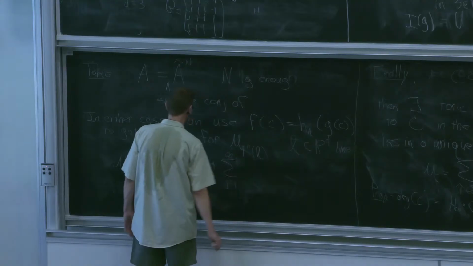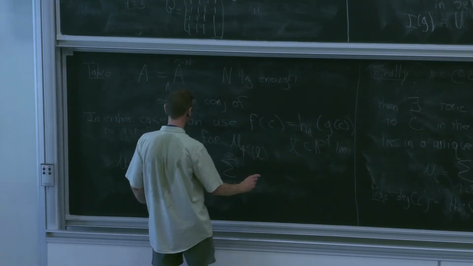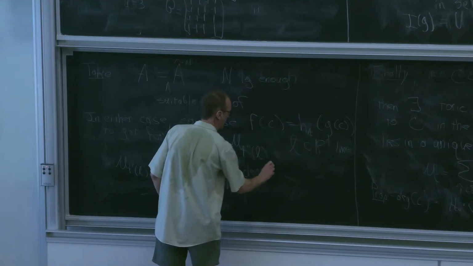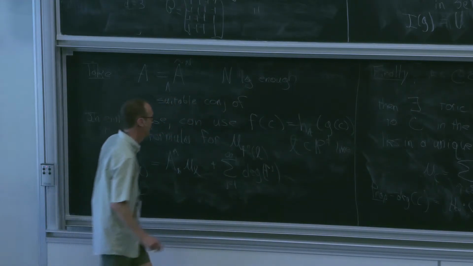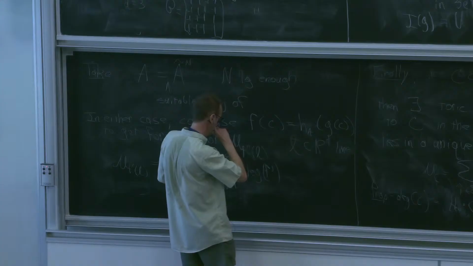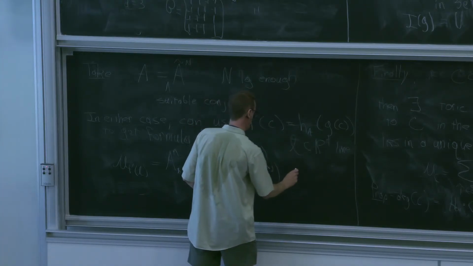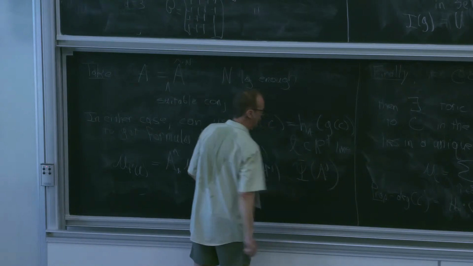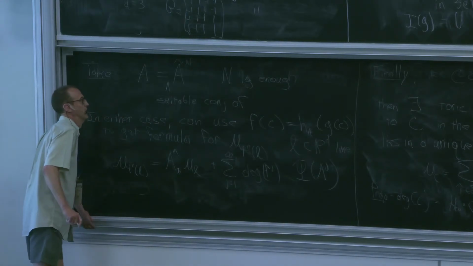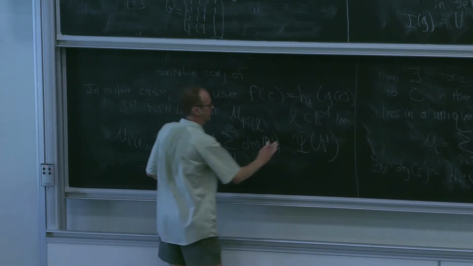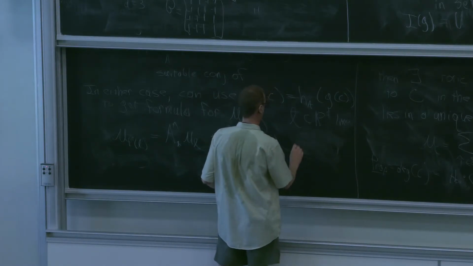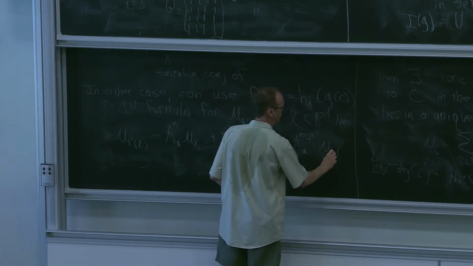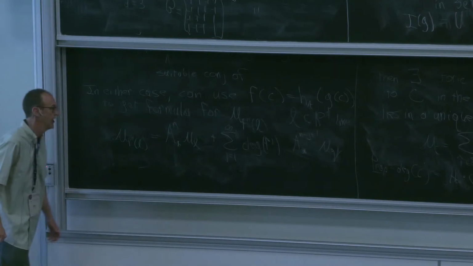Sum j equals 1 to infinity of the degree of f to the j times A to the n minus j plus 1 star of mu v, this measure associated to the set of vectors v.